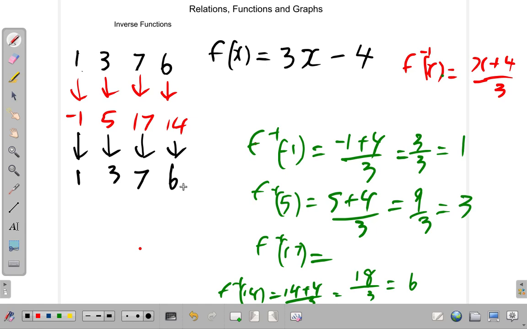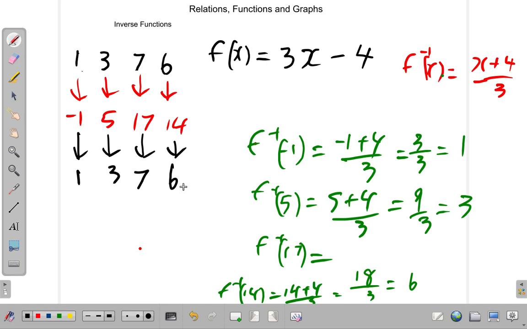So your family member will see your PIN number. But somebody between you and your relative using some type of device to capture the electromagnetic waves coming from your phone will see -1, 5, 17, 14 because it's encoded.